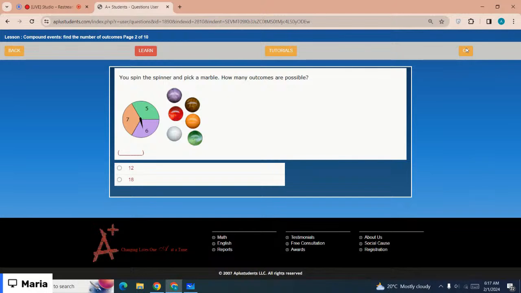Okay, the next one is you spin the spinner and pick a marble. How many outcomes are possible? So, which is the correct option?